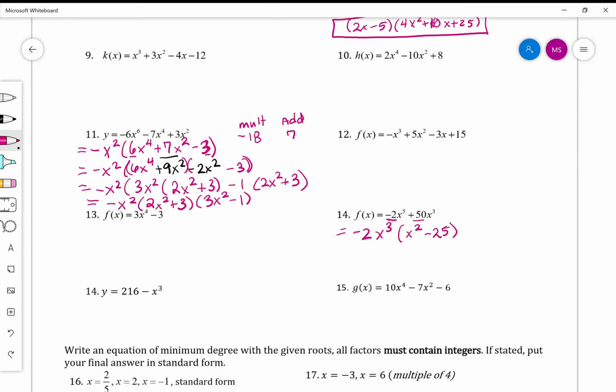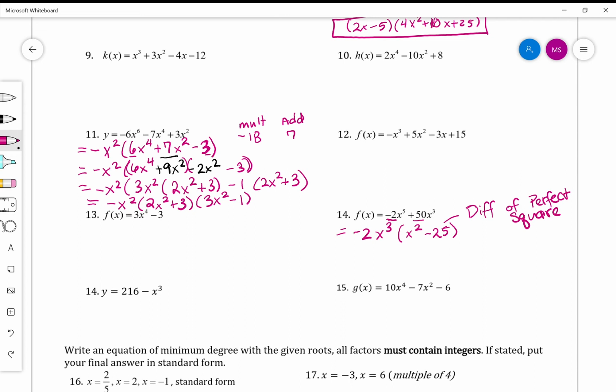All right. So this first part here, we can't factor anymore. The second part here, this is a difference of perfect squares. We talked about it in part 1, I believe. If you didn't watch it, we'll talk about it again.